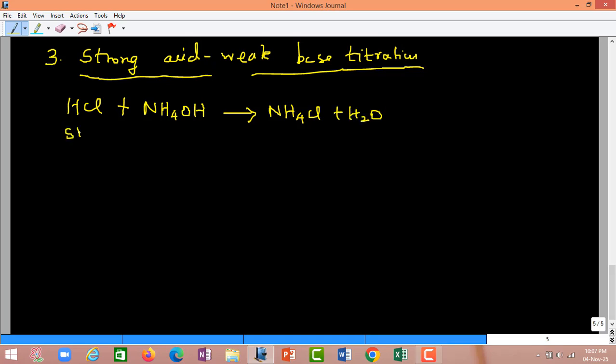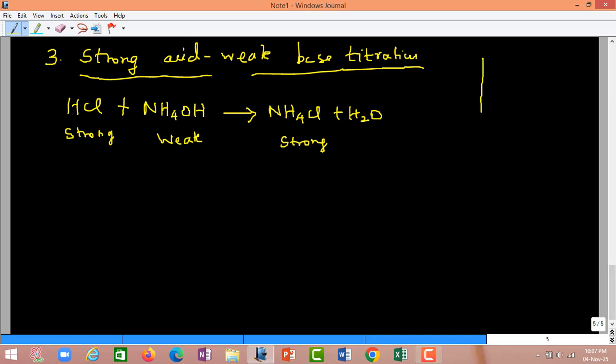Hydrochloric acid is strong, ammonium hydroxide is weak, ammonium chloride is also strong. Remember, this ammonium chloride is the salt of ammonium hydroxide. So the salt of a weak acid or the salt of a weak base is always strong.